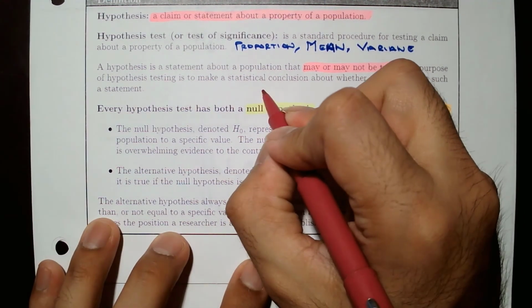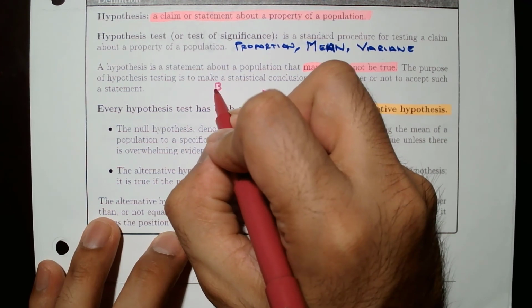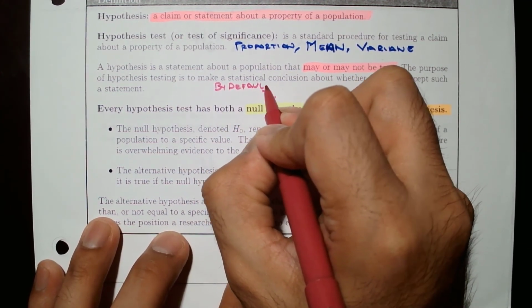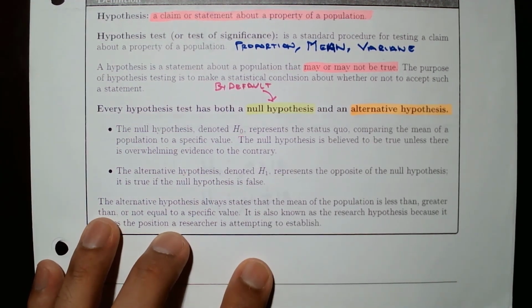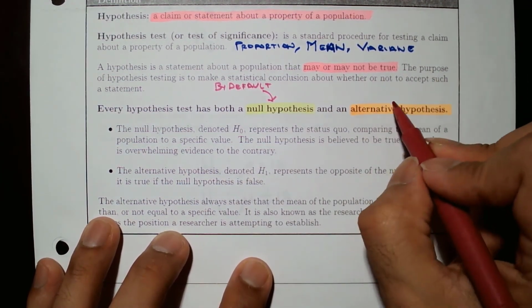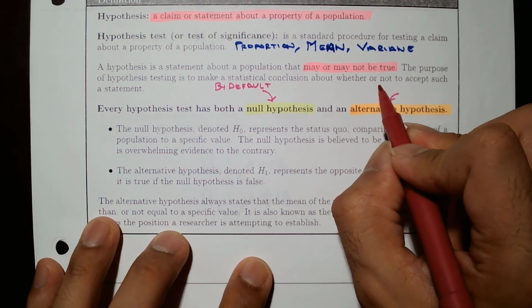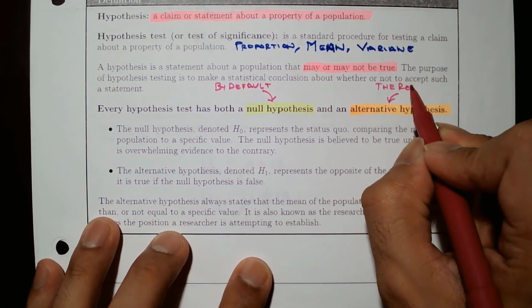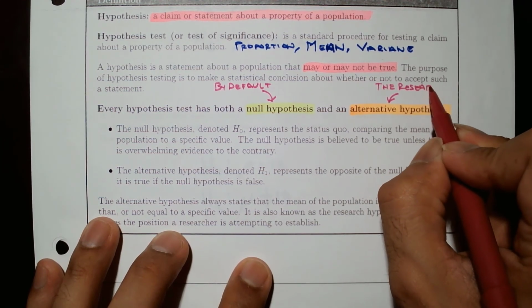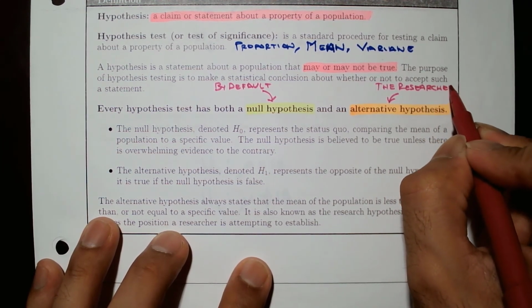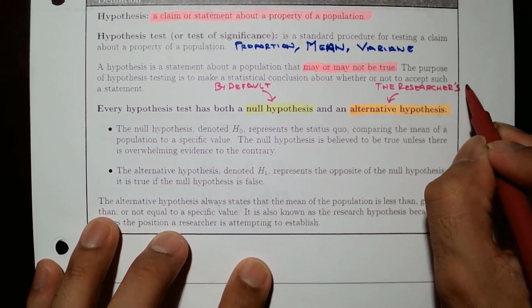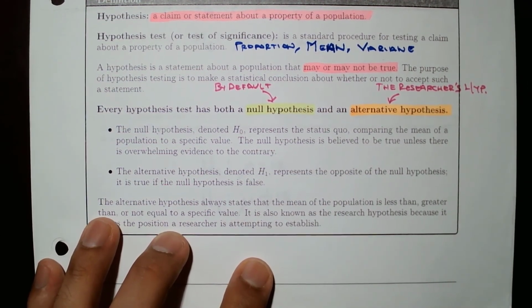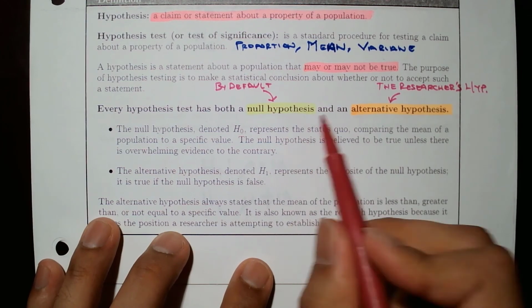Well, the null is the one by default, okay, by default. And the alternative hypothesis is the researcher's hypothesis, right?